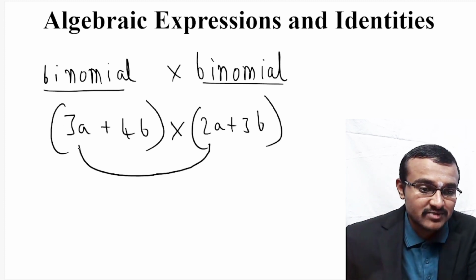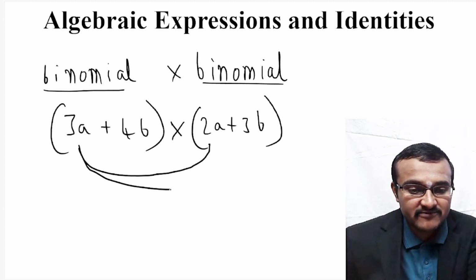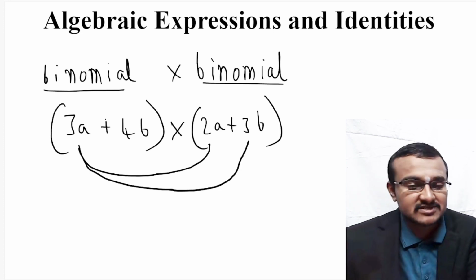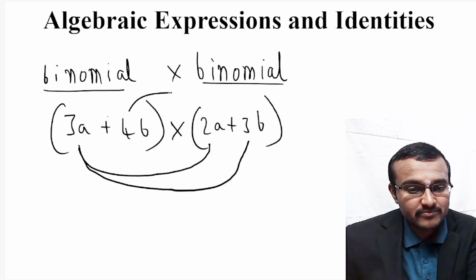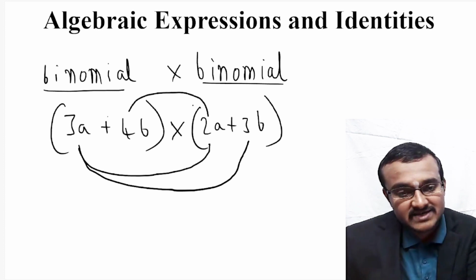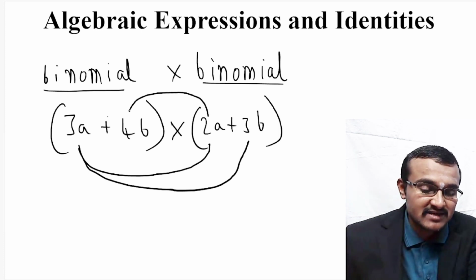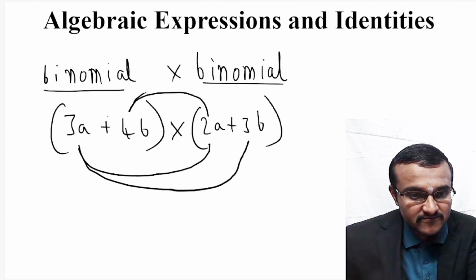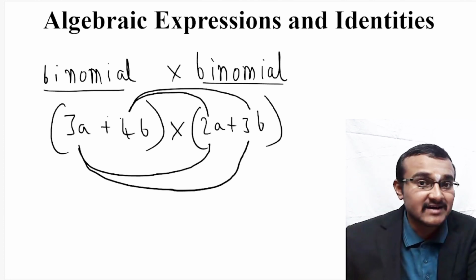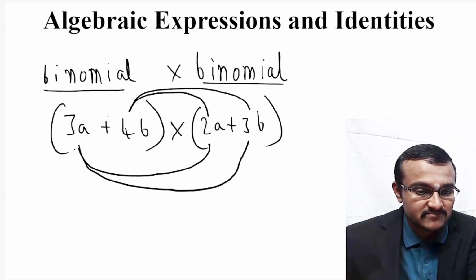And you should multiply the same first term of the first expression with the second term of the second expression. After that, 4b into 2a, that is the second term of the first expression with the first term of the second expression, and you should multiply the second term of the first expression with the second term of the second expression as well. So now let us perform that.